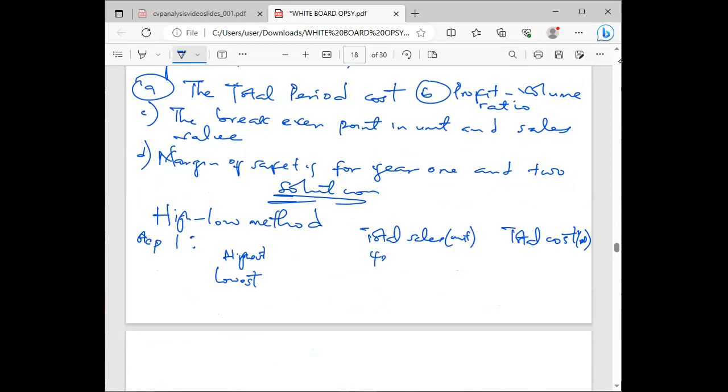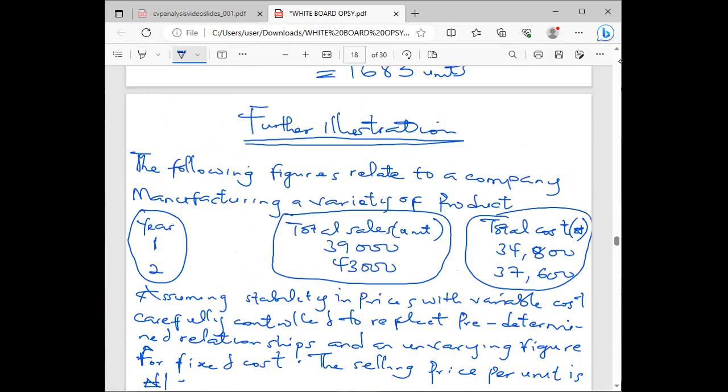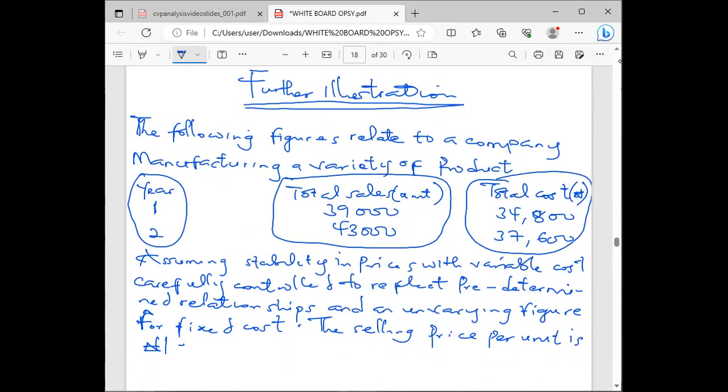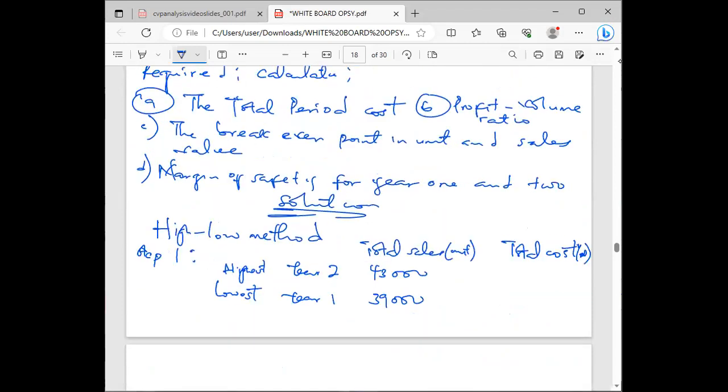So 43,000 as the highest, year 2, and year 1, 39,000. In that same proportion, the total cost reacted to it by saying 37,600 and 34,800.